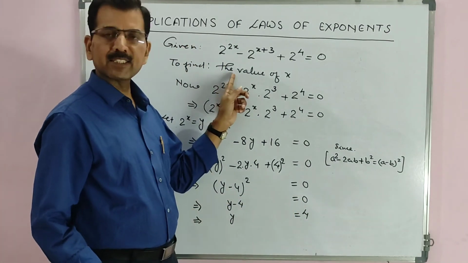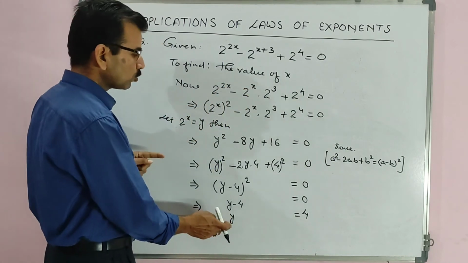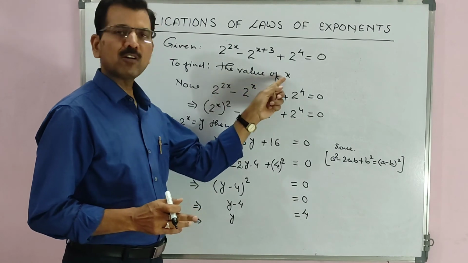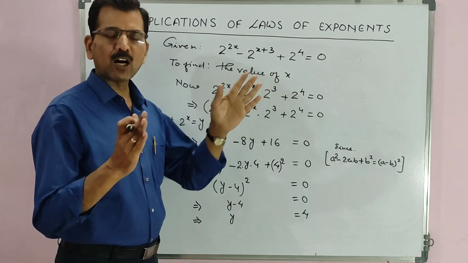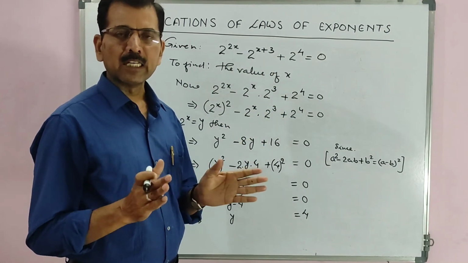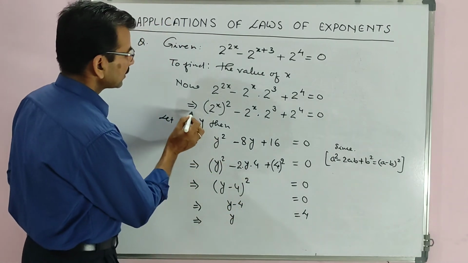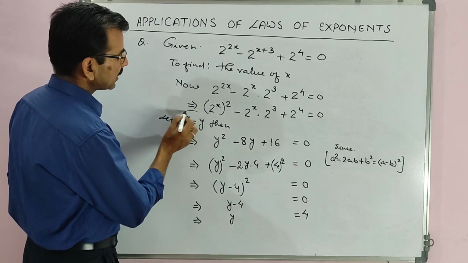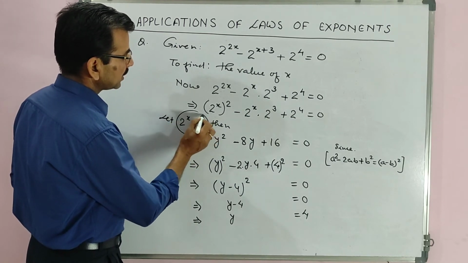Again, I draw your attention to this: we don't have to get the value of y. What we have to find here is the value of x. How x and y are related, we can see from 2 raised to power x is equal to y.